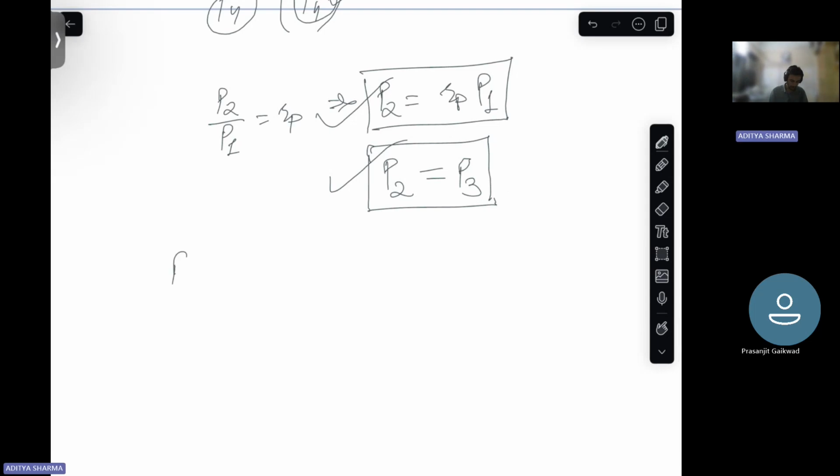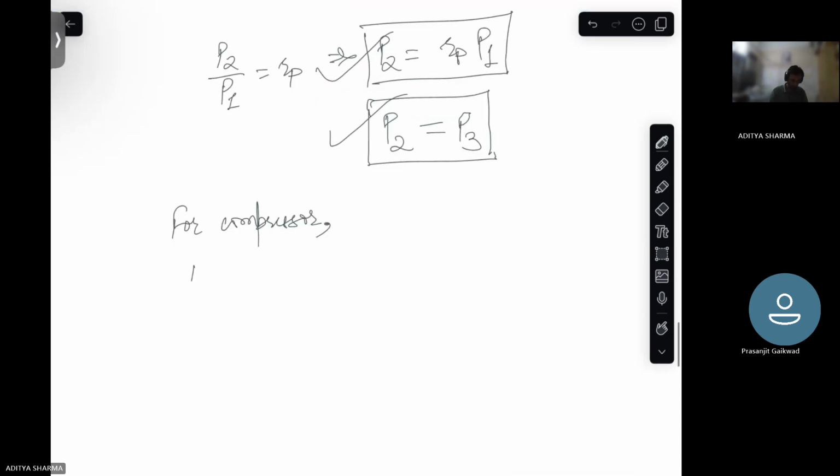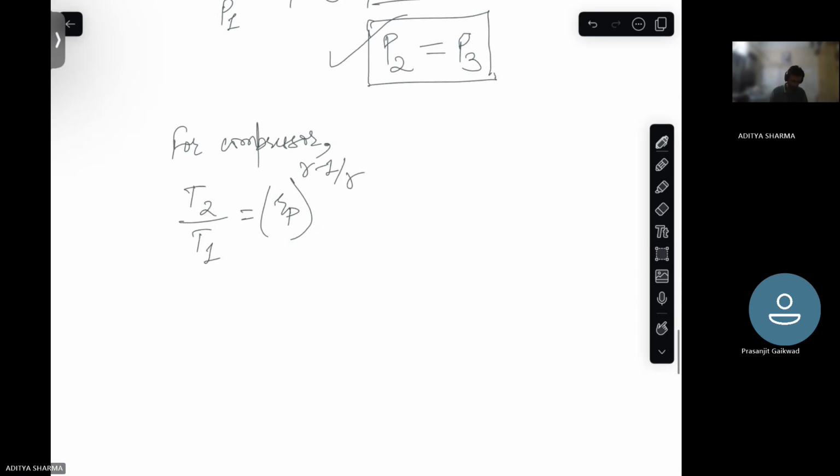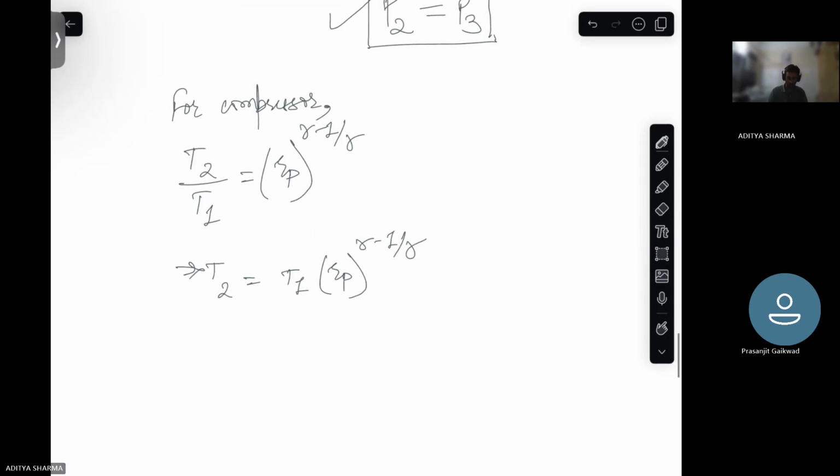So for your compressor, because 1 to 2 is isentropic, this implies this.